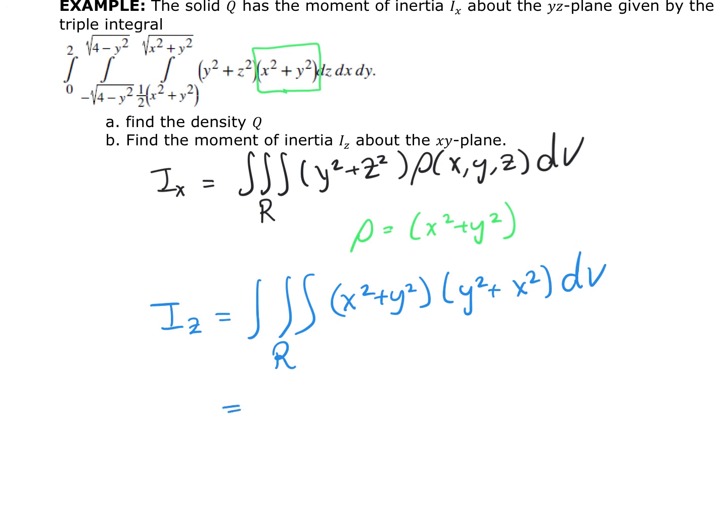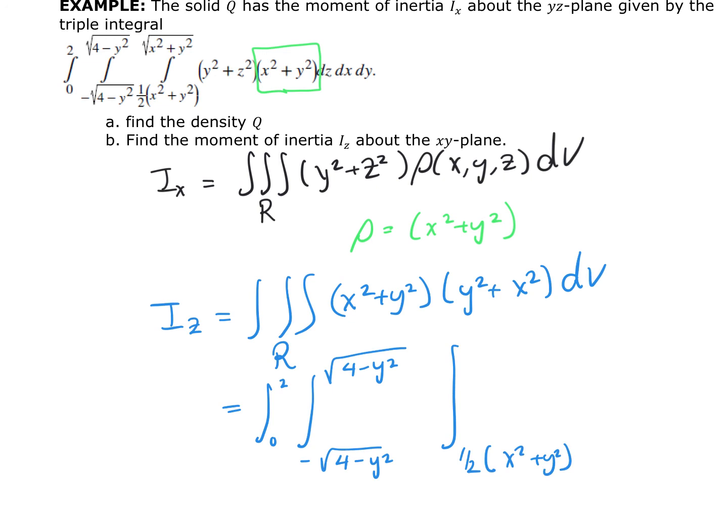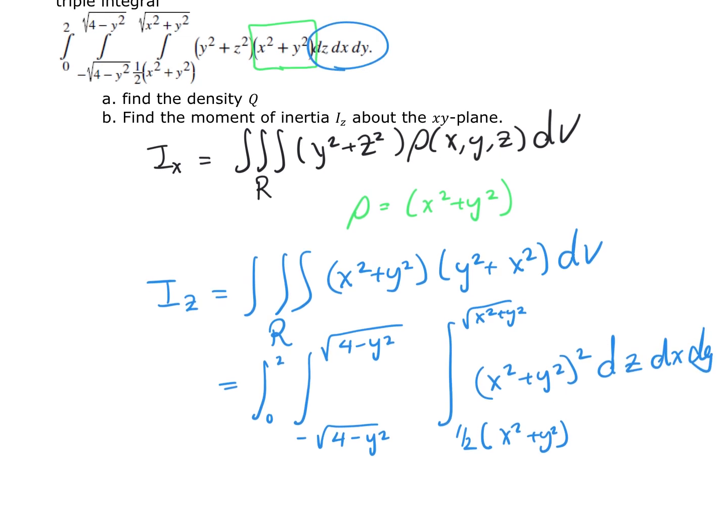So this ends up becoming from 0 to 2 of negative the square root of 4 minus y squared to the positive square root of 4 minus y squared, and then I have this lower bound of 1/2 x squared plus y squared, my upper bound being the square root of x squared plus y squared, of x squared plus y squared, the quantity squared, and we're going to start out with a dz, and dx, and then dy, because that's what we have up here.